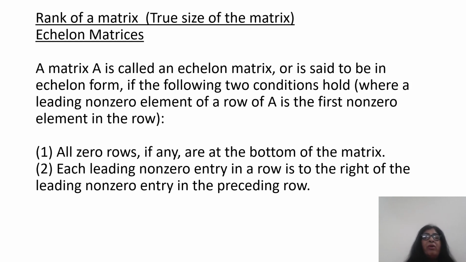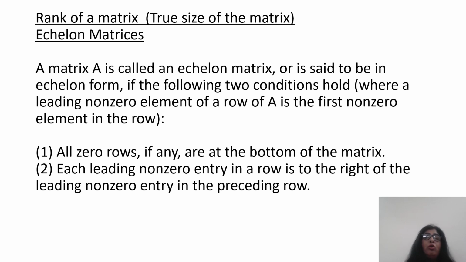Next, the method we are using here involves row echelon matrices. First of all, I want to explain what these matrices are. A matrix A is called a row echelon matrix, or is said to be in row echelon form, if the following two conditions hold.